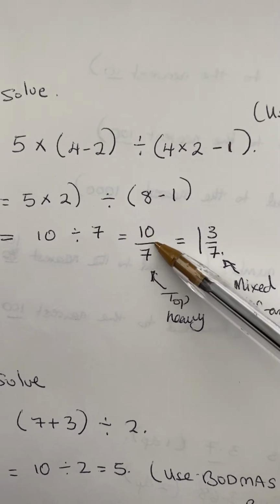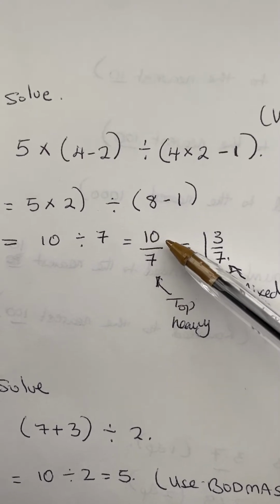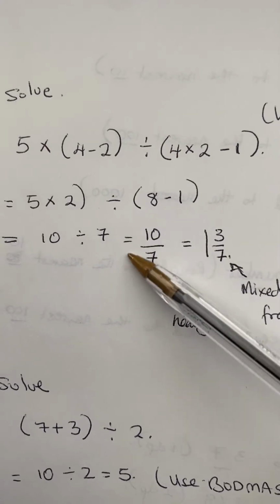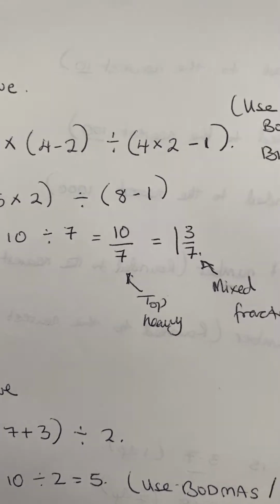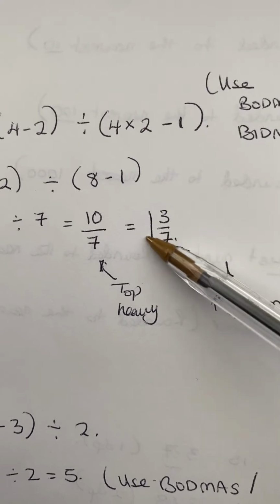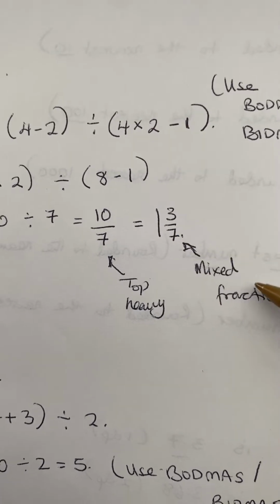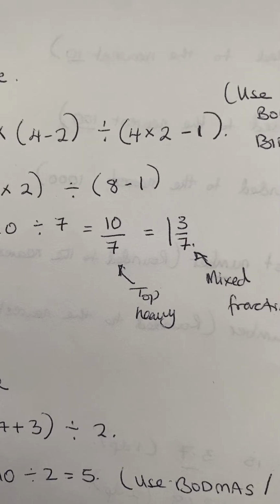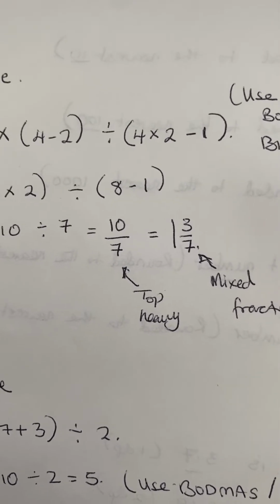Now this is a top-heavy fraction. If they ask you to leave, or if they don't say anything, you can leave your answer this way, or you can go a step further and reduce it to a mixed fraction. It just shows the examiner that you know what you are doing.